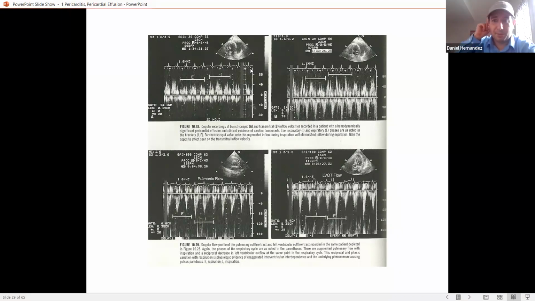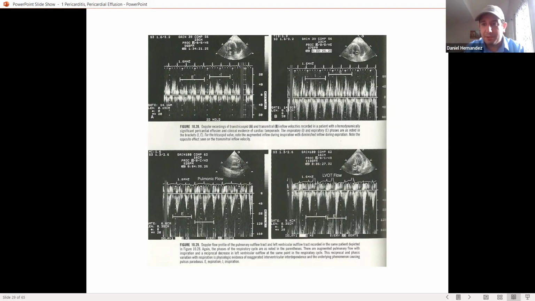So let's see, what's the best way we can all remember this? For the right side of the heart, inspiration increases. On the right side of the heart, if we have increased flow going to the heart during inspiration, we're going to have an increase in those things.